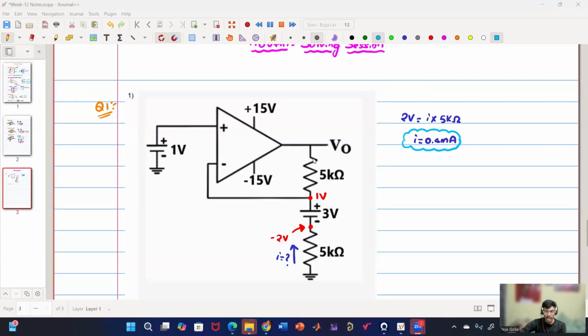Can you tell what will be the current through the top 5 kilo ohm resistance?